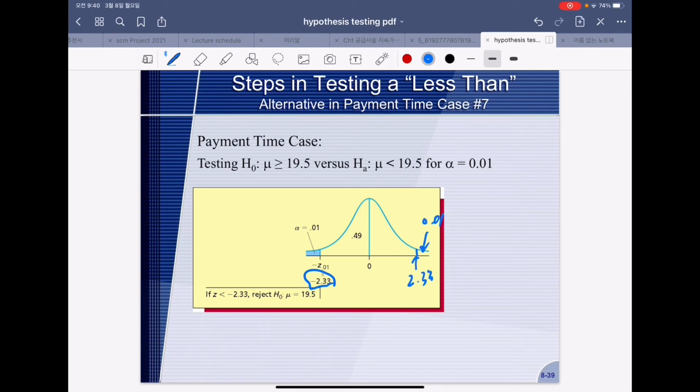Since the rejection region is located at the left side of this graph, this z value is negative. At the center we have 0 here, so we have a negative value here. In this case, if your test statistic is less than negative 2.33, you reject the hypothesis. So that's the only difference.